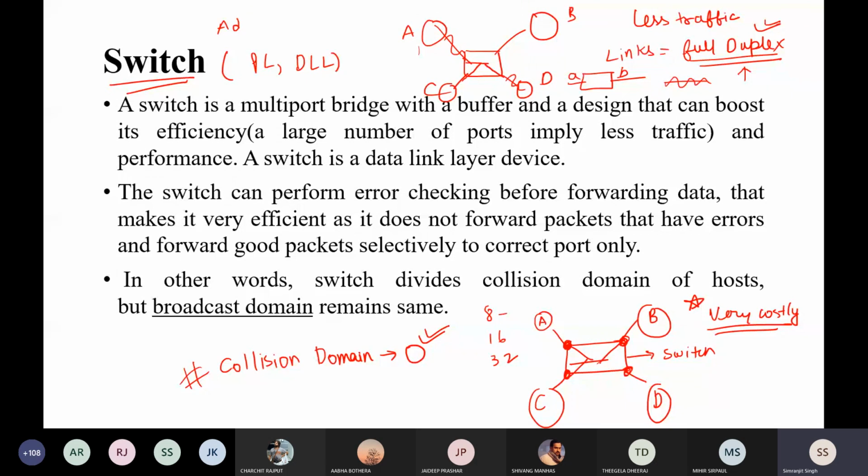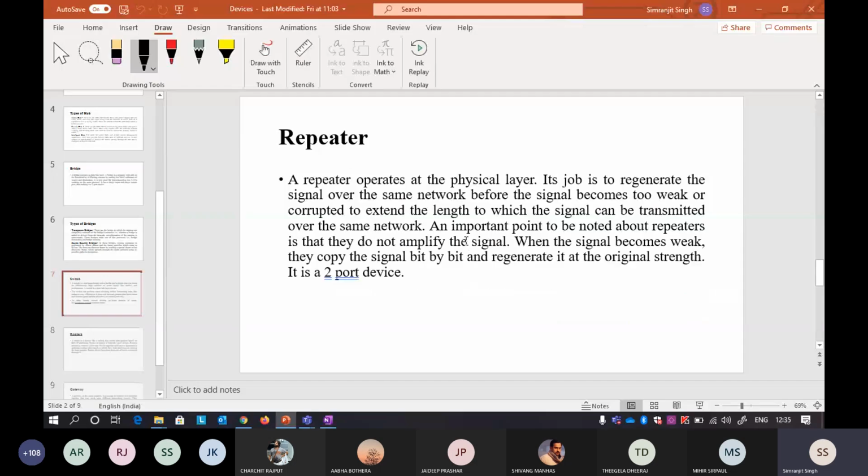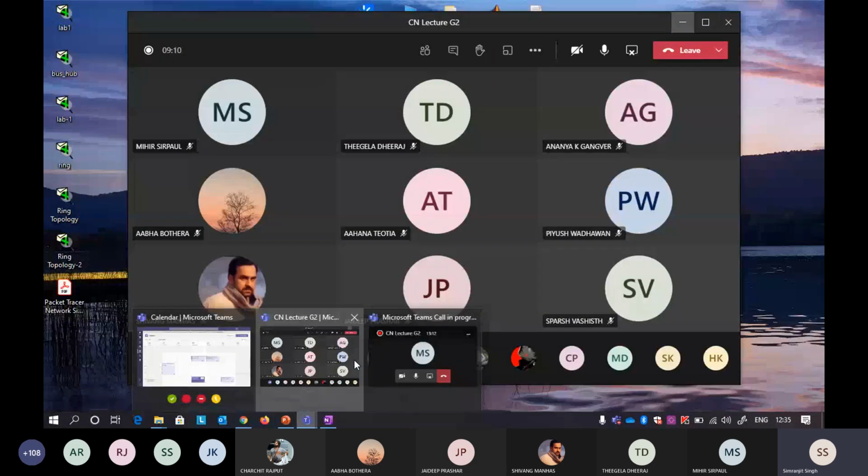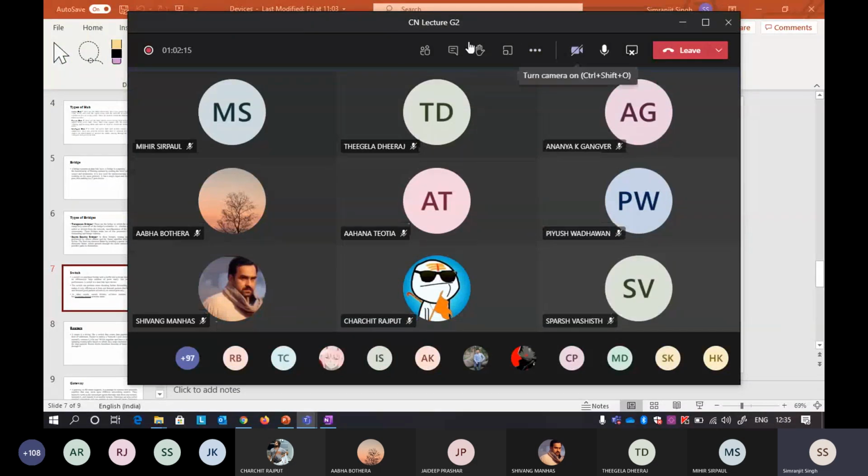Only two devices remain, the router and the gateway, and the types of wires. I will discuss these in the next lecture. If you have any doubt, you can ask me now, or you can move on to the next lecture. I think I've taken your time completely.